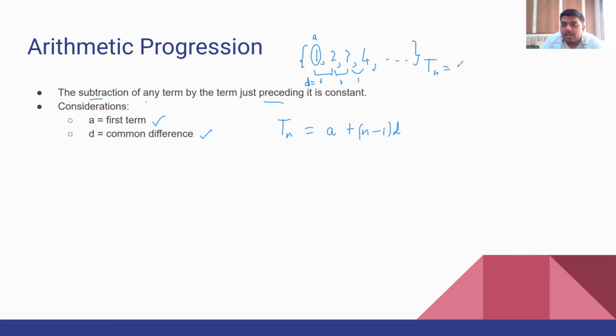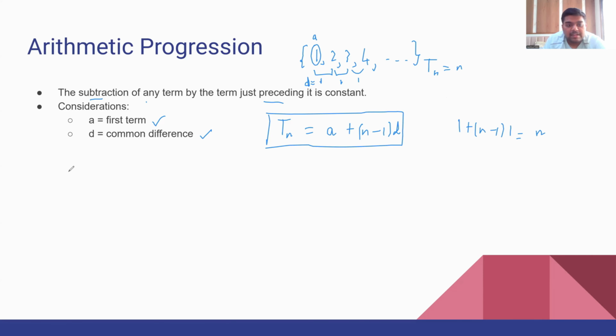Tn is equal to n, right? So put A is equal to 1 and D is equal to 1. So 1 plus n minus 1 into 1, which is equal to n minus 1 plus 1, which is n, correct? So this is the formula for the nth term of an arithmetic progression.